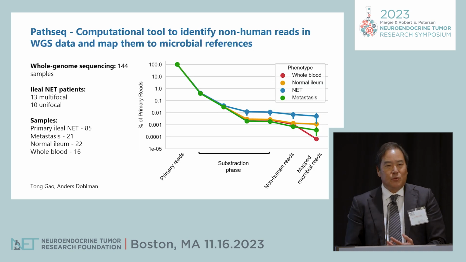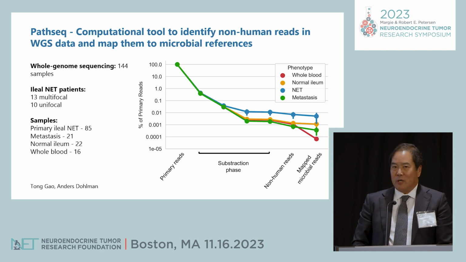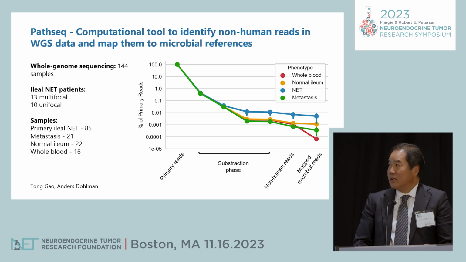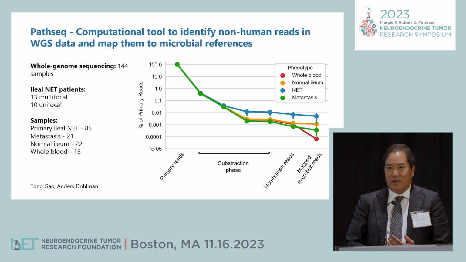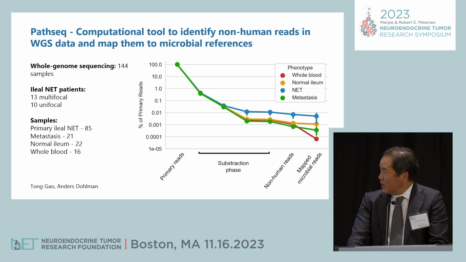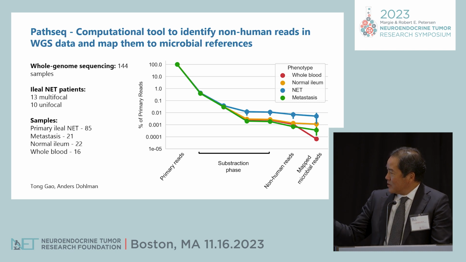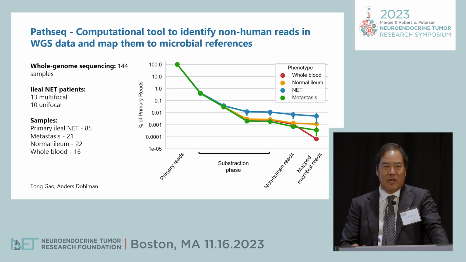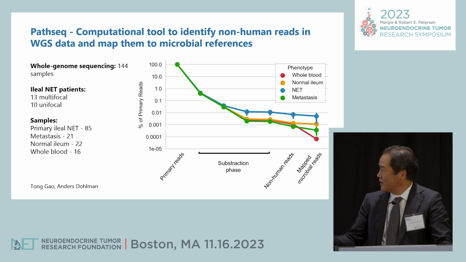The technique we used was a computational tool called PathSeq, which was developed by the Matthew Meyerson Laboratory. Basically, it uses high-throughput sequencing data to identify microbes in human tissues. Let me start with a general overview of how it works. You have your primary sequencing reads on the left.